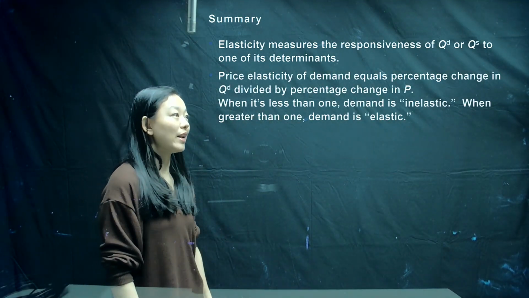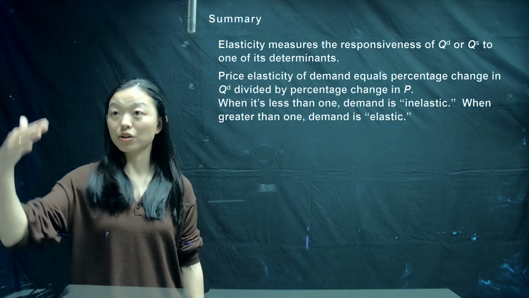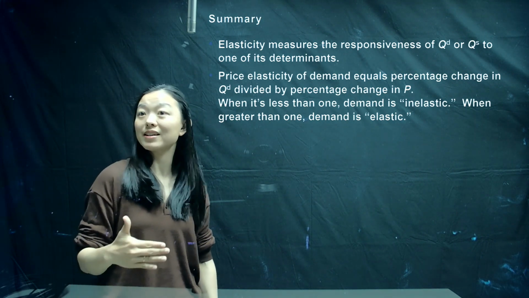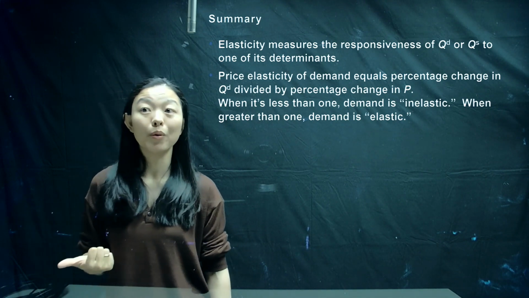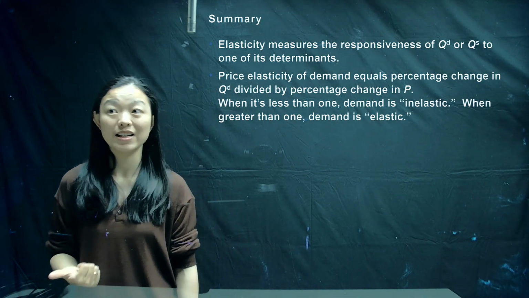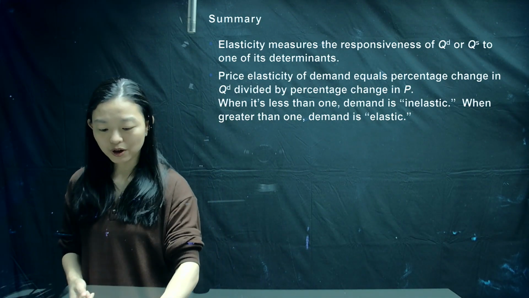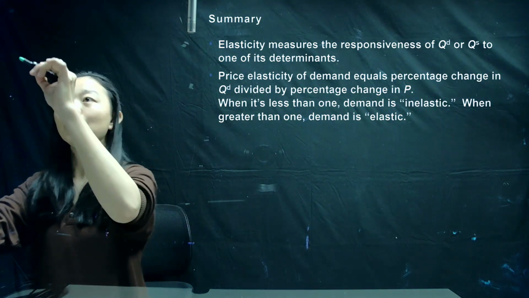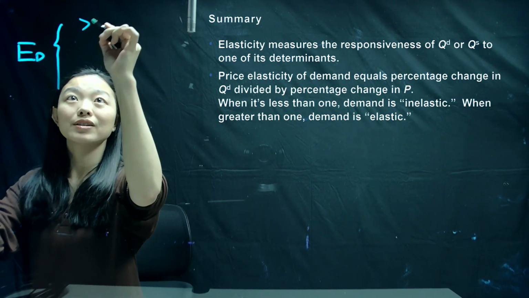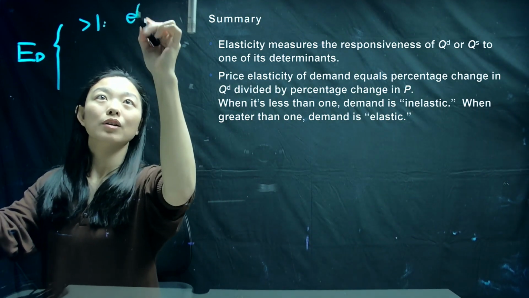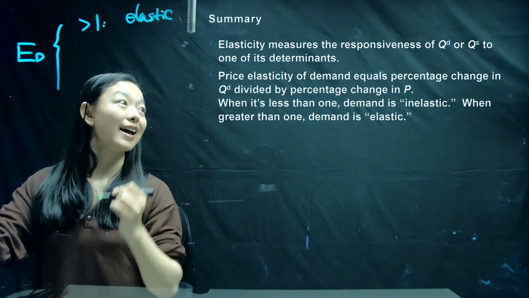Price elasticity of demand equals the percentage change in quantity demanded divided by the percentage change in price. And we also use the midpoint method to compute the price elasticity. For price elasticity of demand, we ignore the sign. If it's larger than 1, we say it is elastic.